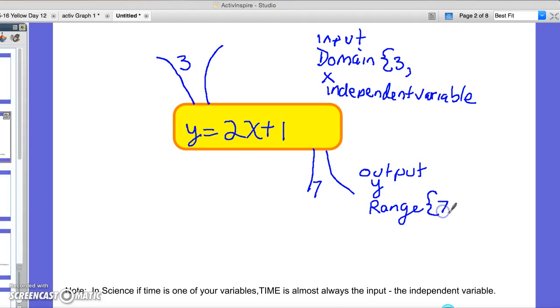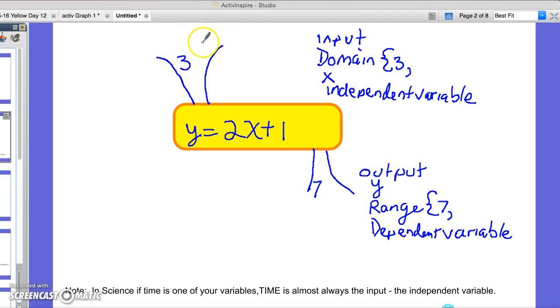The first element is 7. And 7 is our dependent variable. The value of 7 depends on the value we put in, the 3.